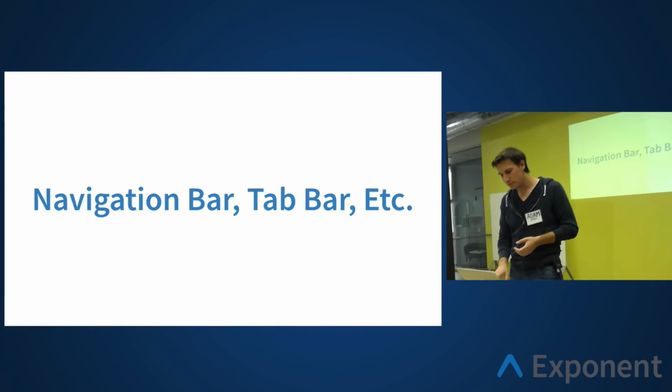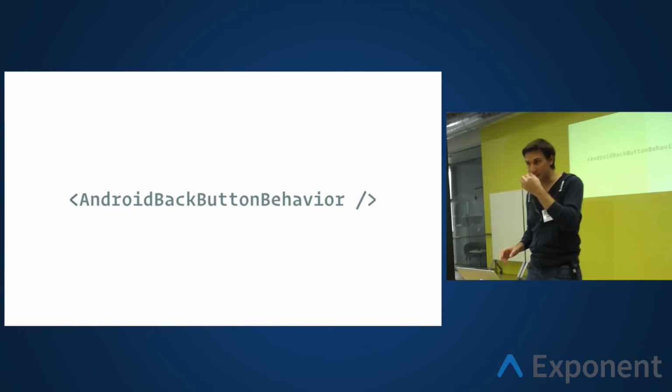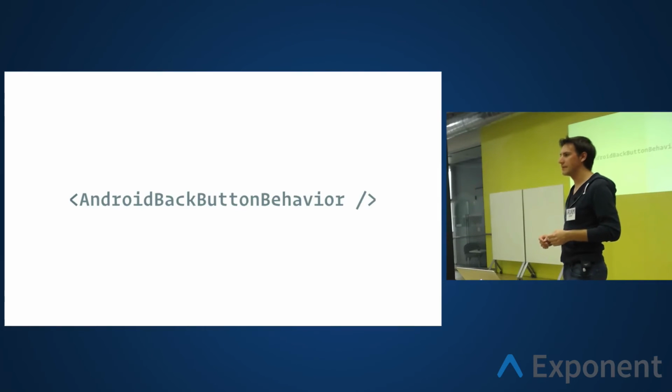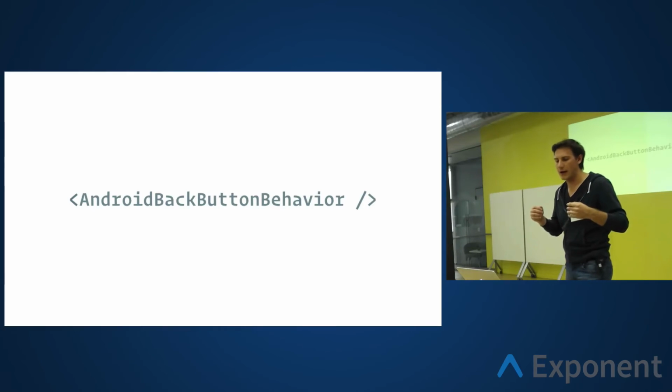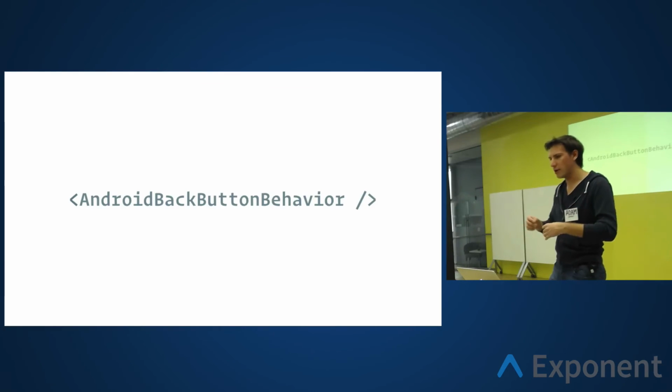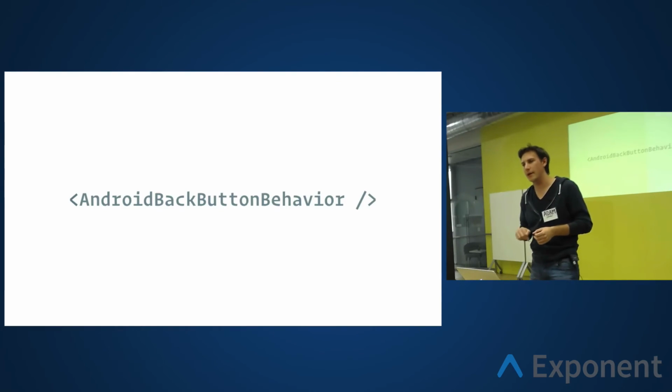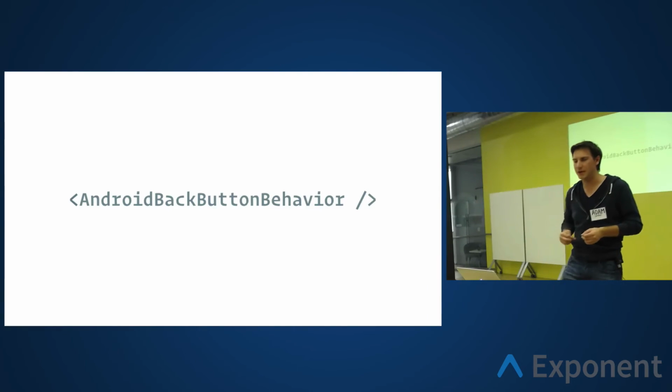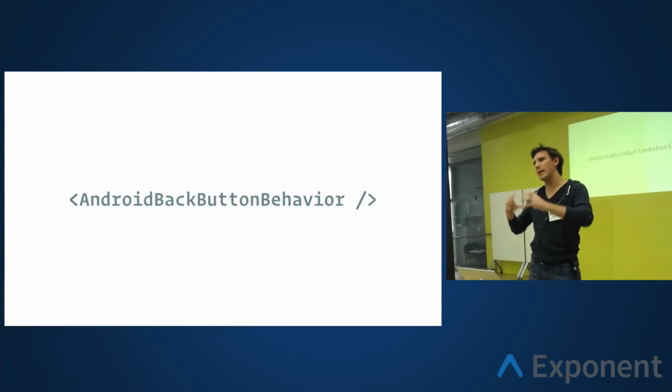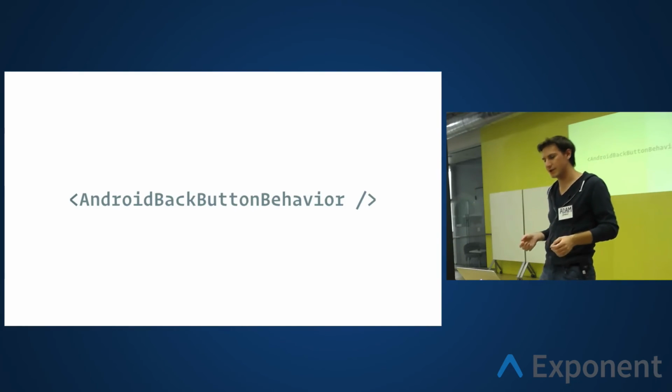Another kind of customization point that often happens is, say you have some screen in your app where you want to override the back button handling on Android specifically, so that maybe you pop up a little question that says, hey, do you want to discard your changes or save your changes or cancel?